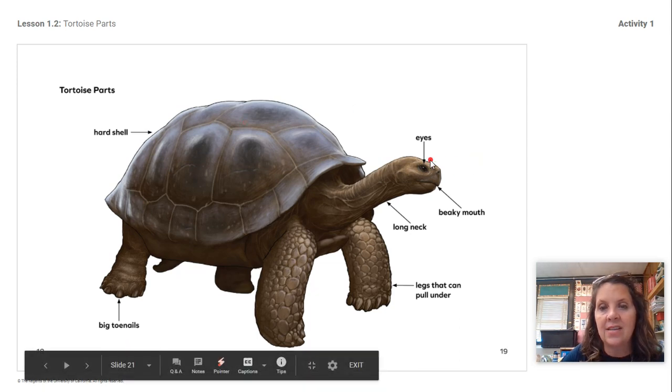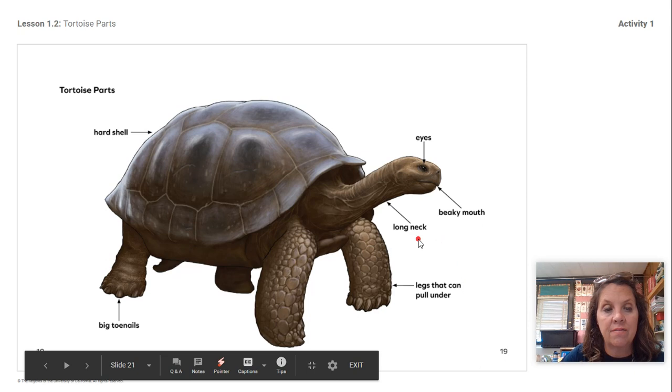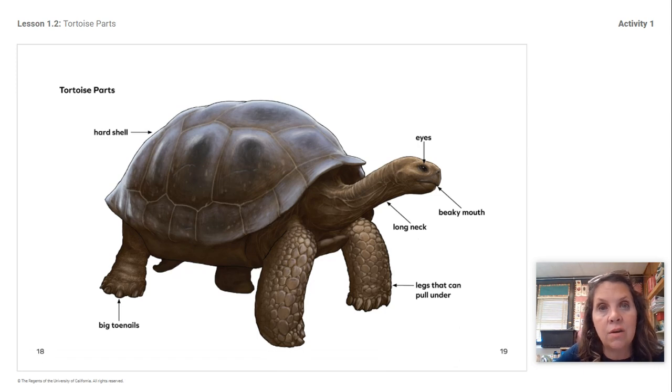It has eyes, a beaky mouth, a long neck, and legs that can pull under. So I want you just to study this real good and pick the 3 that you are going to tell about. Okay, when we pause here in a moment, I'm going to see which 3 some of you picked. Okay, let's pause and see what you picked.